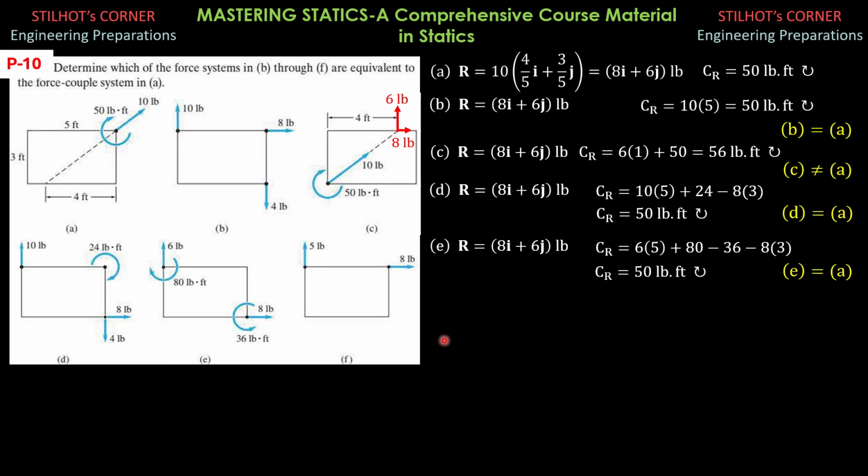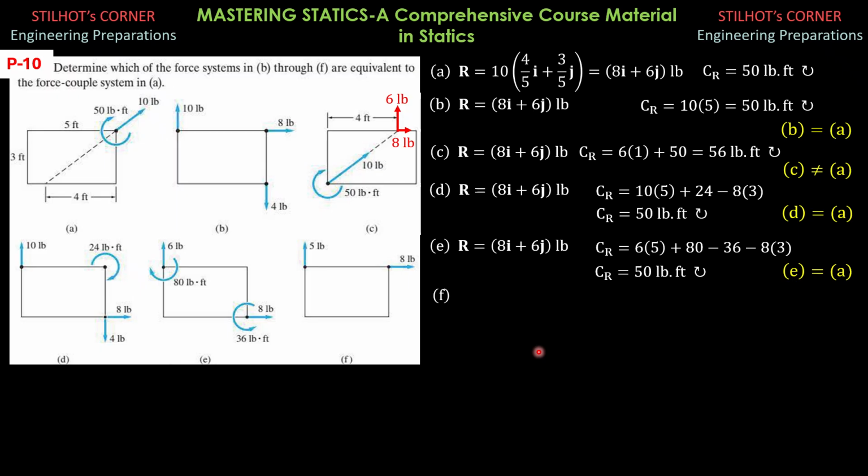Then F, which is this, R is the vector 8i plus 5j pounds. The force originally is 8i plus 6j. This time we have 8i plus only 5j. So by the condition of the resultant force, it does not satisfy.